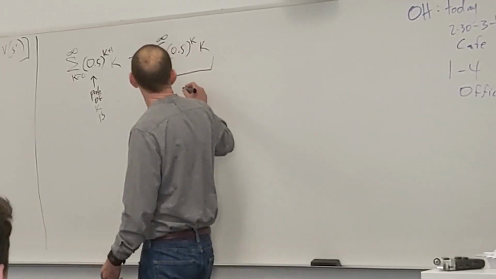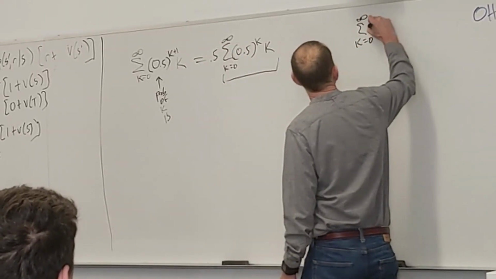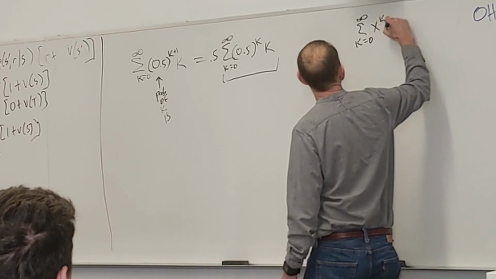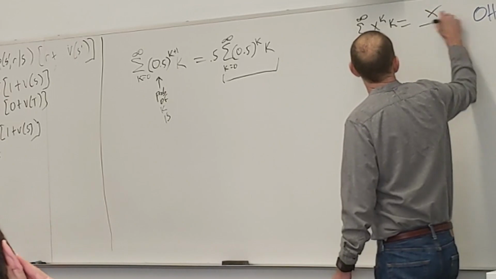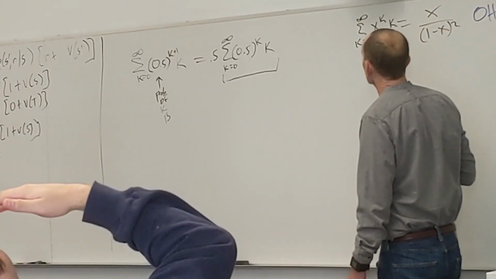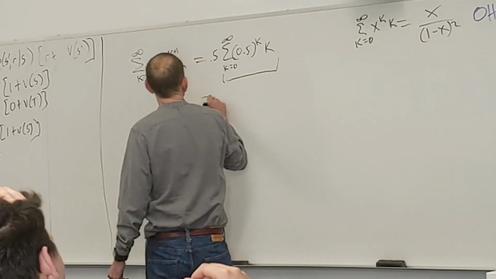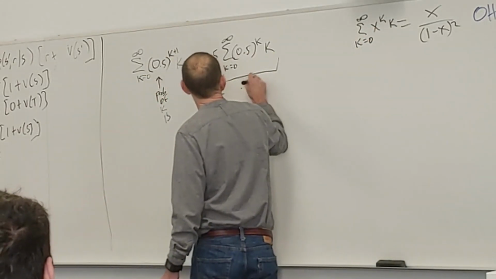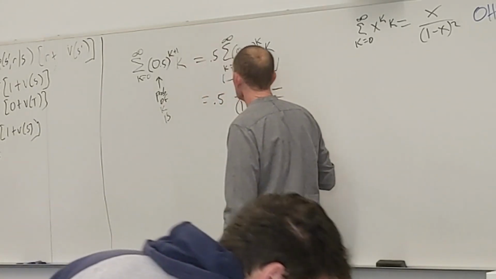So the summation, k equals 0 to infinity of x to the k equals x over 1 minus x squared. Okay? So this is going to be equal to 0.5 times 0.5 over 1 minus 0.5 squared, which equals?